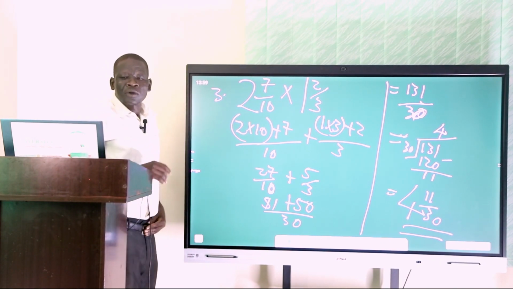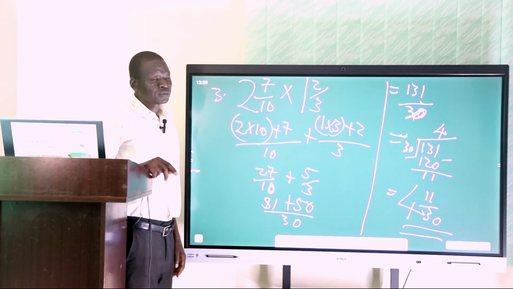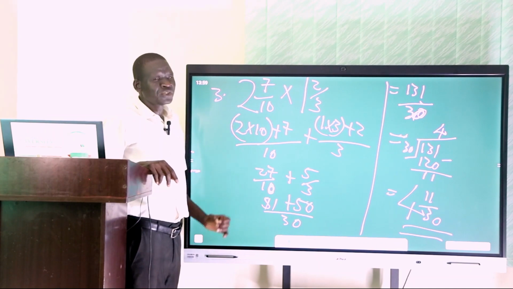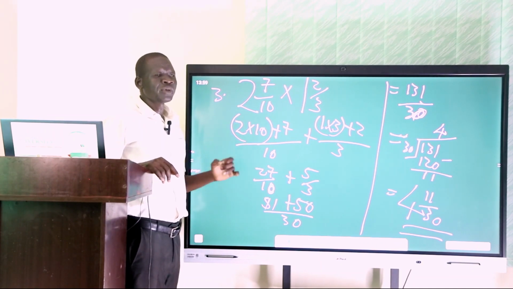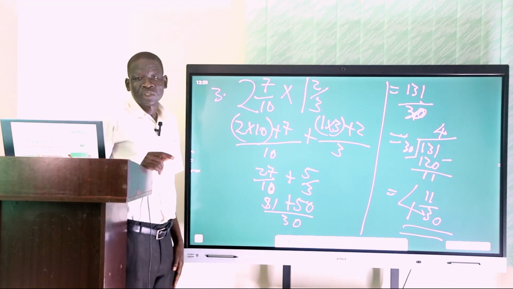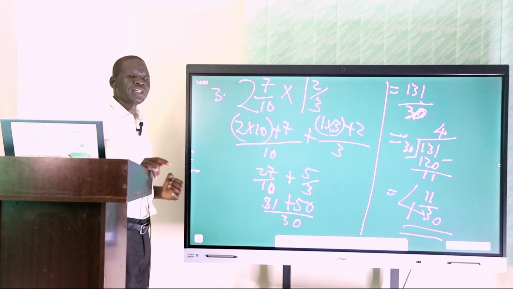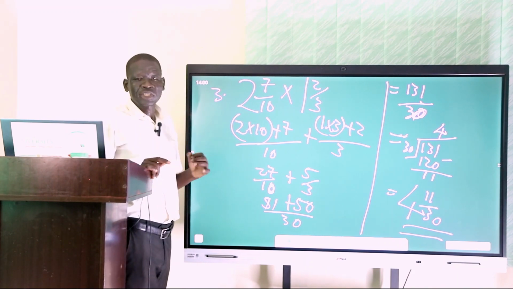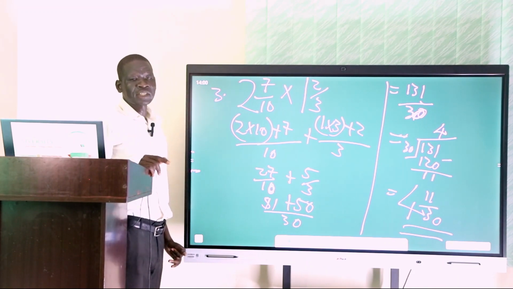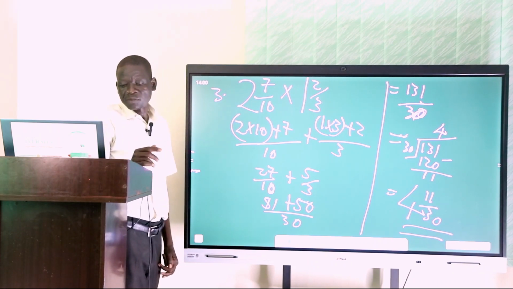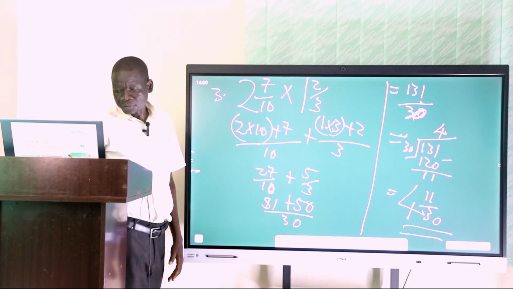However, for easy multiplication, when you see that some of the fractions have common factors, the first thing is to cancel, to reduce them to their simplest form. After reducing them into their simplest form, that is when you can multiply the numerators and then the denominators separately.